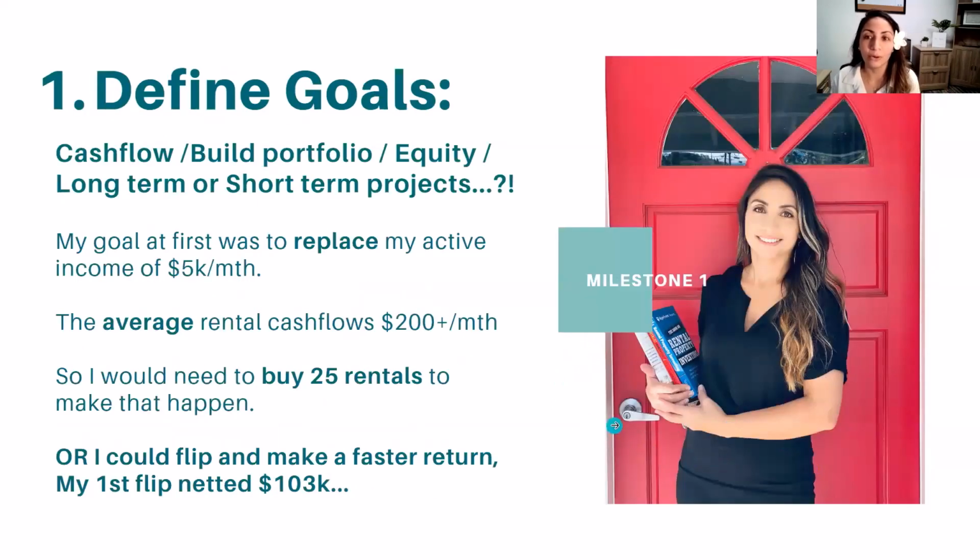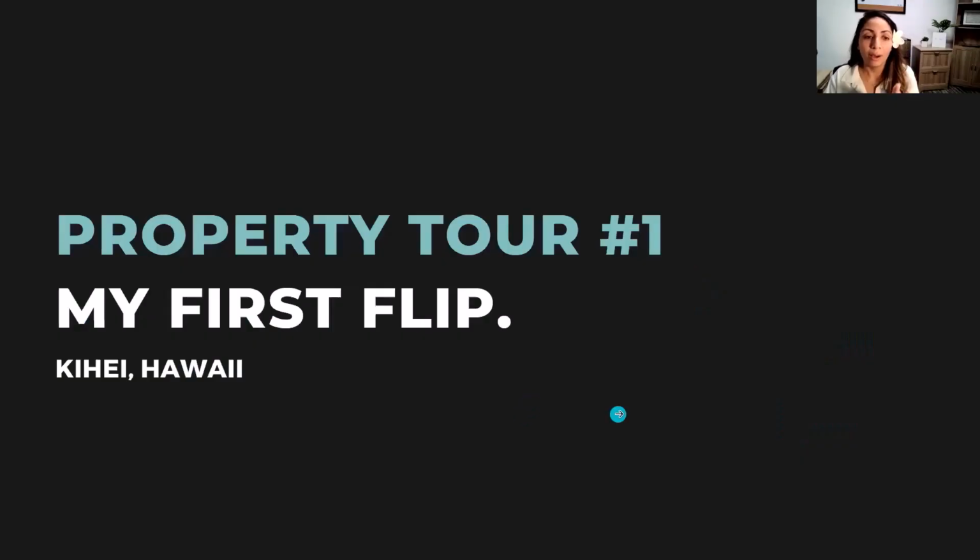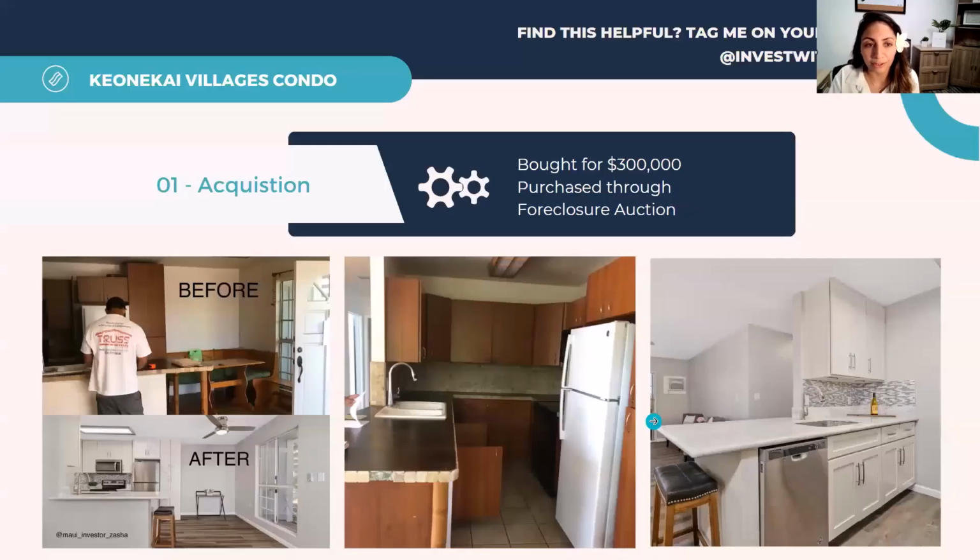I know you guys are here today learning on a holiday. So first, I know this is very basic, but just knowing how much you want to make a month will help you then determine what your goals are and what you want to do and how much time you actually have to invest versus how much money you actually need to make. And so on my first property, here's just an example of my first flip.